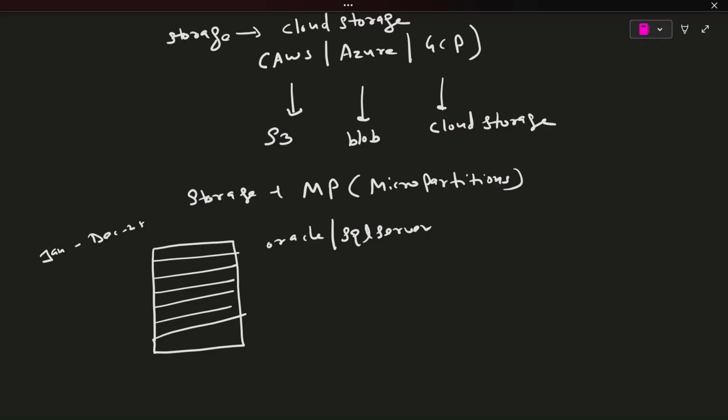When I do select star from this table where ID equals something, in that scenario I need to scan all the rows. Now, this is going to take a lot of time.